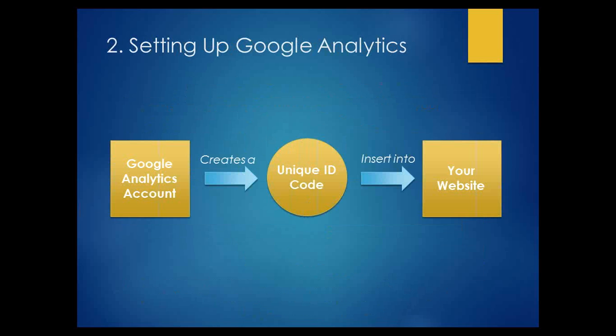So what I really want you to take away from this diagram, because people who I talk to about this get confused about how it's set up, but just know that you have one unique ID code, right? And this is something that's specific both to your Google Analytics account as well as to your website. So only websites that contain that unique ID code will you be able to get that information inside that Google Analytics account that you set up. So it's all linked together.